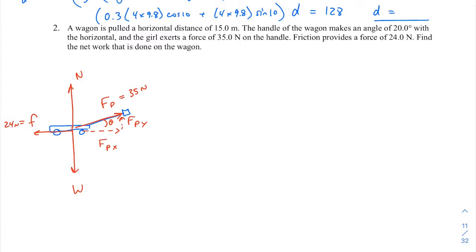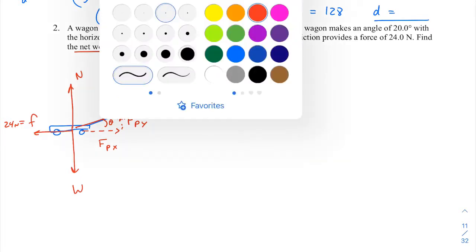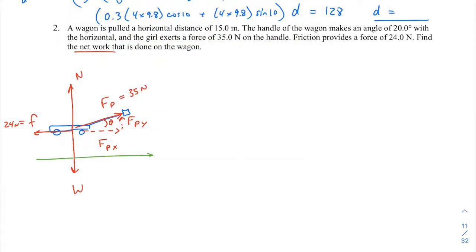I don't know the mass of the wagon, so I don't know the weight. But to find the net work done, the wagon is moving horizontally, so I am only concerned about forces in that direction. The only forces along that axis are FPX and friction.